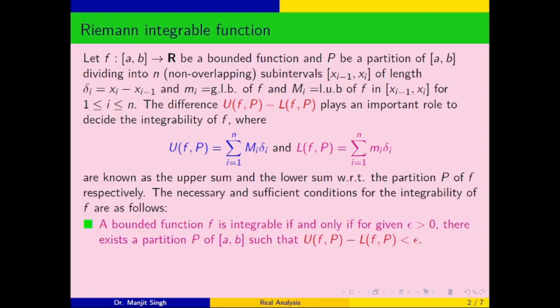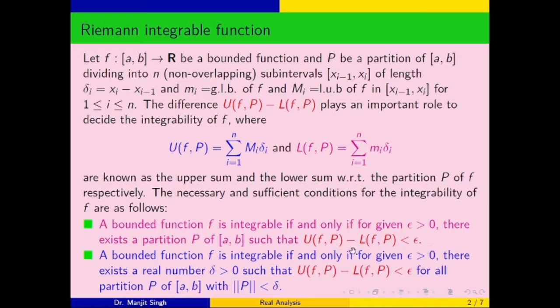These are the necessary and sufficient conditions: a bounded function is Riemann integrable if the difference can be made however small, that is, there must be a partition for which upper sum minus lower sum becomes however small.